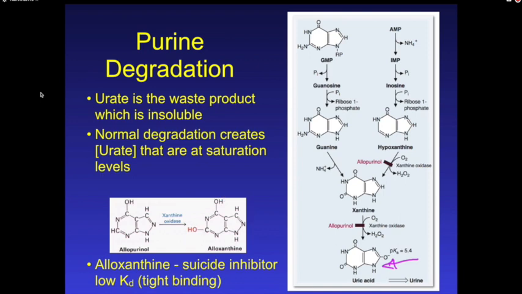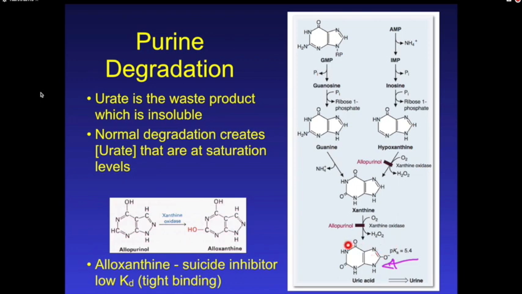Now, most of the time when we talk about a suicide inhibitor, it is one that will covalently link and not dissociate because it's actually connected. This becomes a suicide inhibitor because of how tightly it binds. It dissociates in the order or in the frame of a covalent bond just letting go. And so the binding is so tight, it acts like a covalent bond, thus it's a suicide inhibitor.